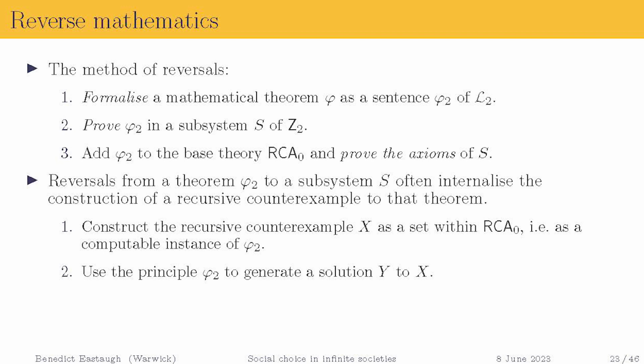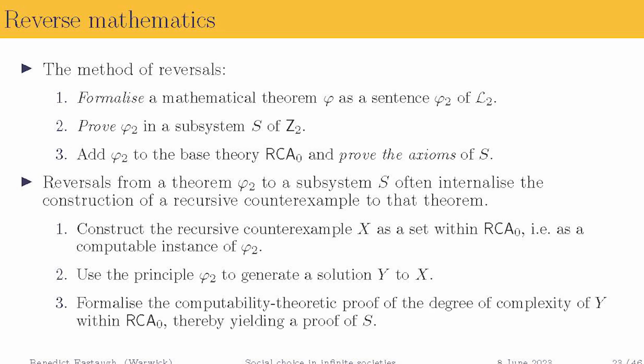And then the theorem says, well, given, say, any infinite society, there exists a non-dictatorial social welfare function for that society. But then it turns out that that thing is very complicated, and that allows you to prove this set existence axiom, for example, arithmetical comprehension.